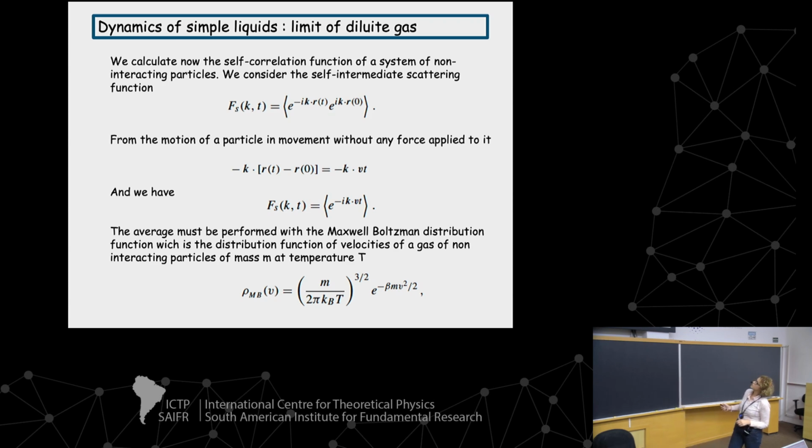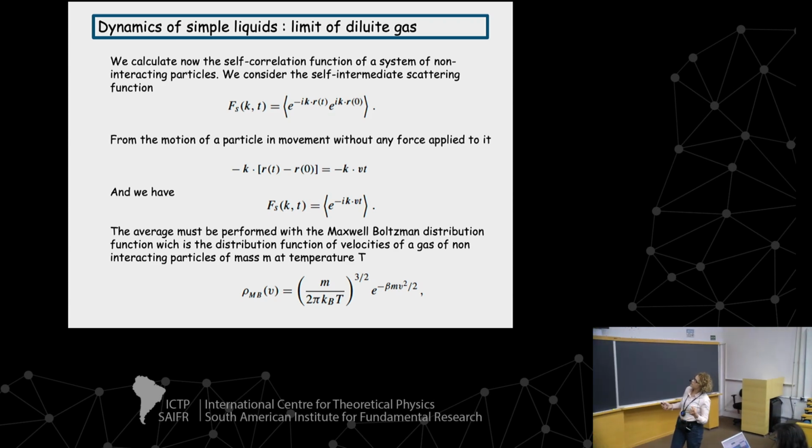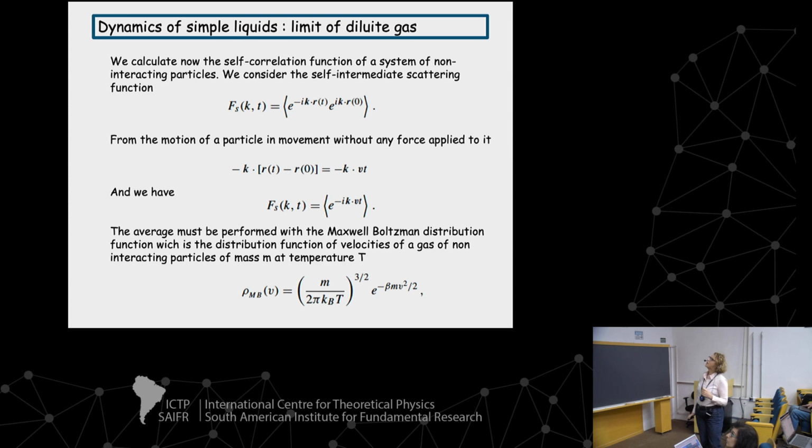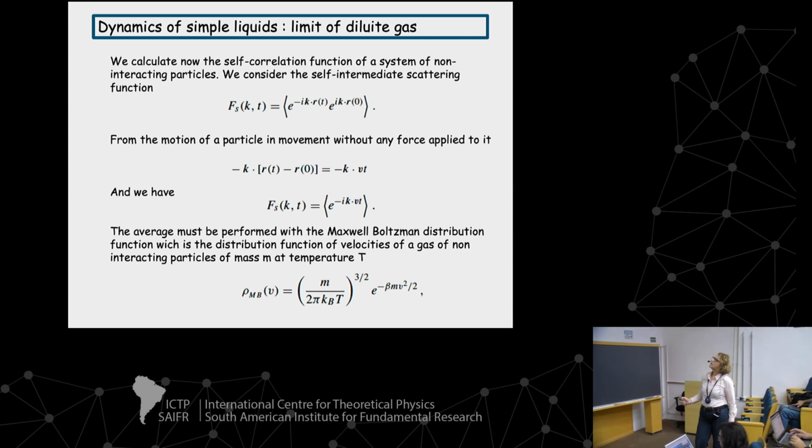Okay, so now that we see how R square is behaving, let's look at how, for example, in the limit of dilute gas, so when we have the ballistic diffusion at the beginning of the mean square displacement, what is the behavior of the self-intermediate scattering function for a system of non-interacting particles.